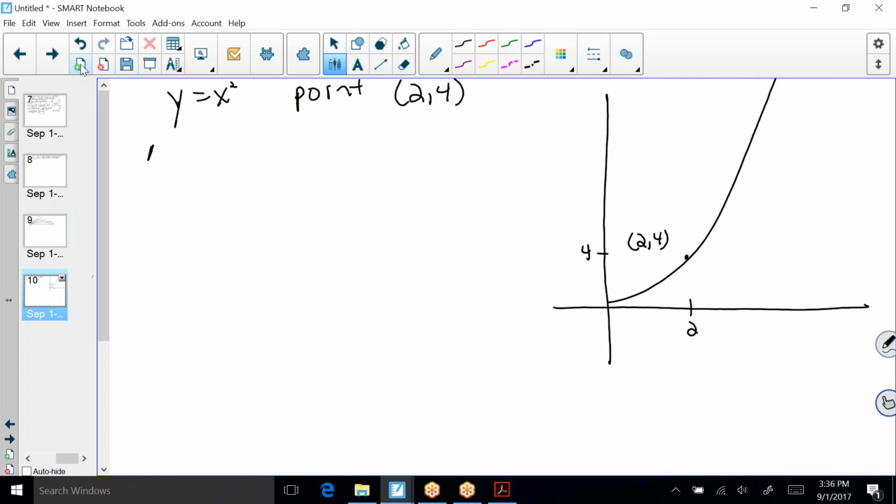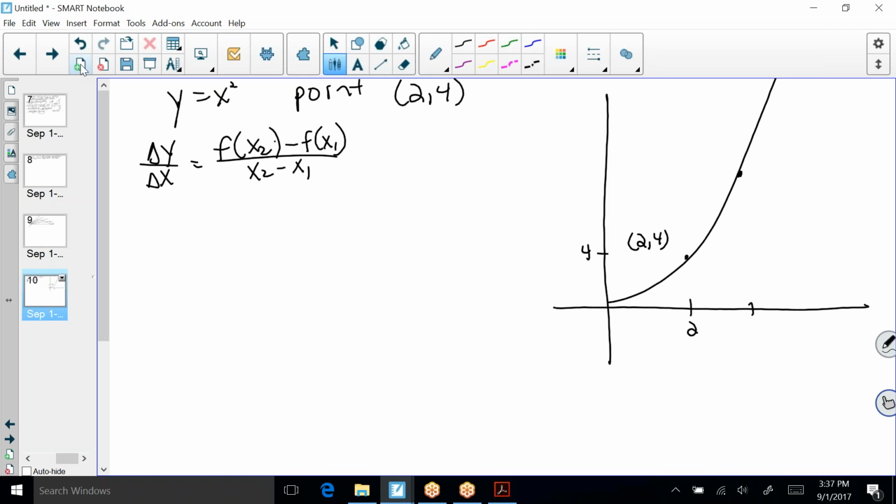And remember, our secant slope is our delta y over delta x. So we have f of x sub 2 minus f of x sub 1 divided by x sub 2 minus x sub 1. But we don't have a second point in this case. We're only given that point 2, 4. So what we want to do is that same concept. We want to have another point over here, but we want to make that point get really close to 2.